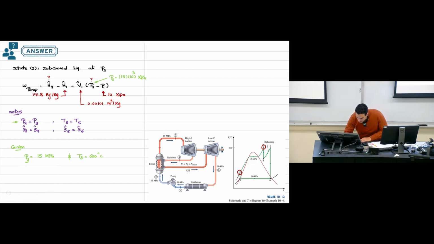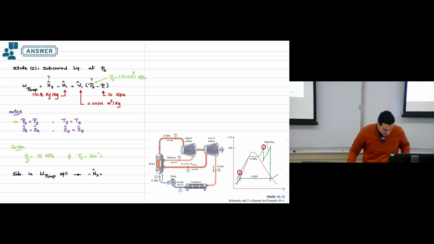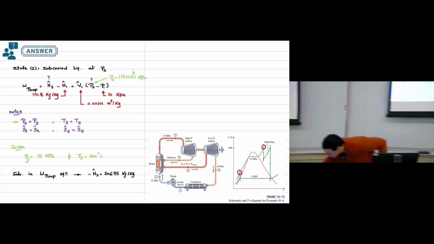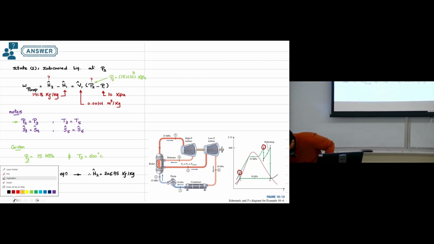So now I can substitute in the work pump equation, and from this equation I can find enthalpy at point number 2, and the number I will have is 206.95 kilojoule per kilogram, and this is one more enthalpy I was able to calculate.